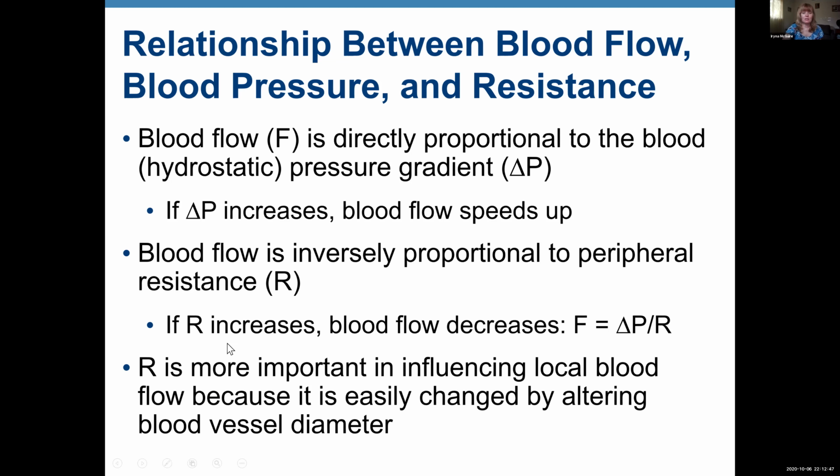To see how they're related, here's a good formula. Flow is directly proportional to the pressure gradient. What does it mean? If I have a blood vessel, and I have a pressure here of 120, and over here, let's say, 110 millimeters of mercury, what is my pressure gradient?